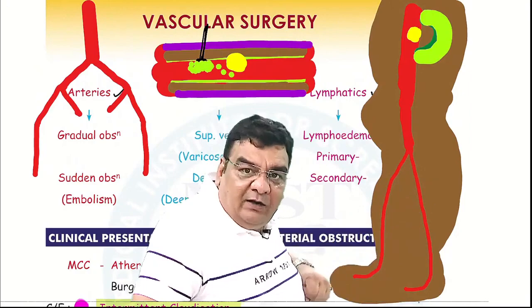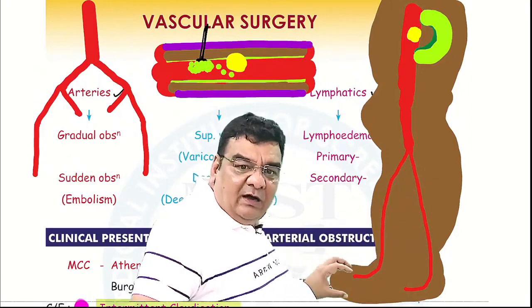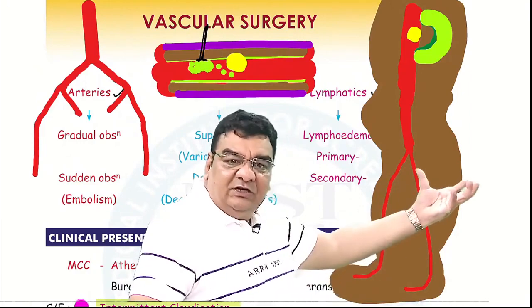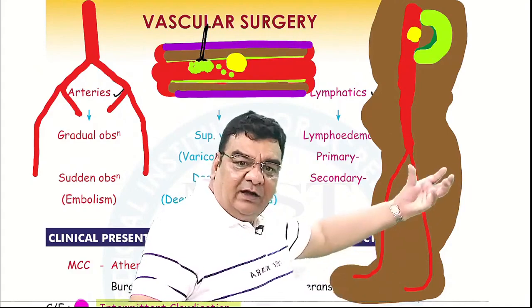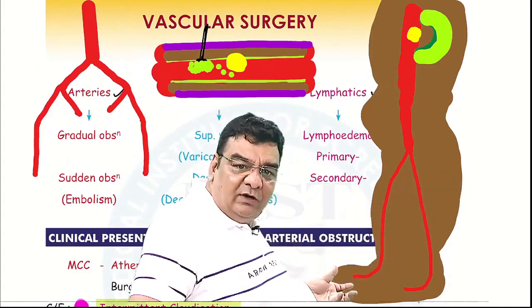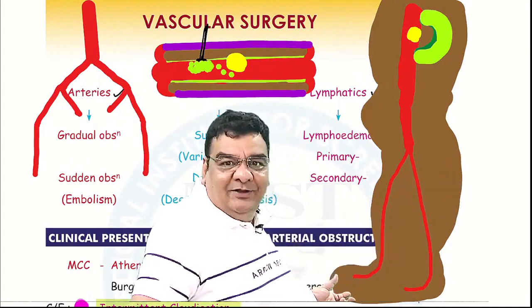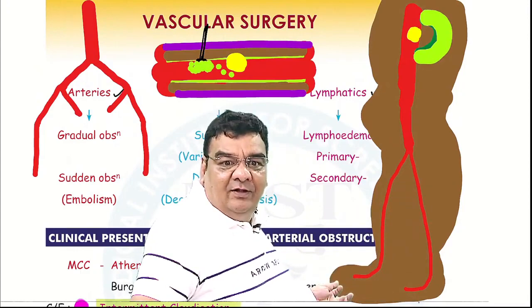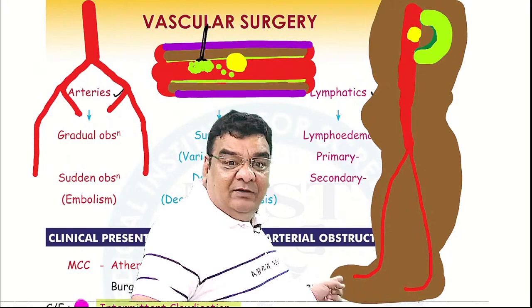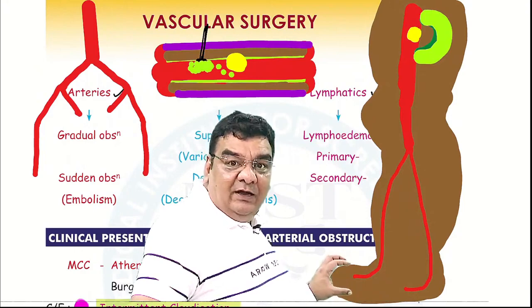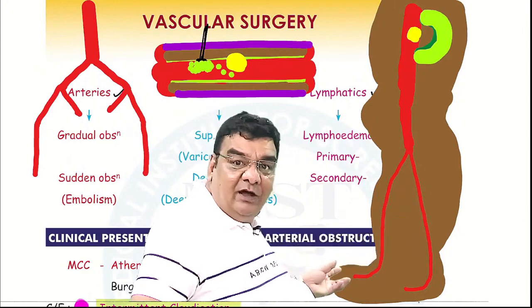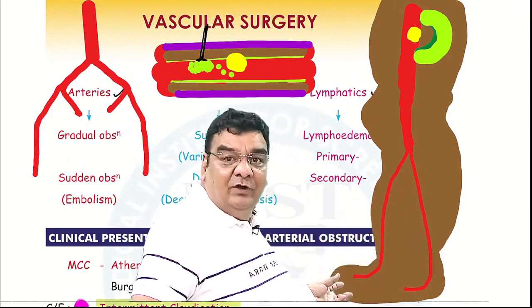So after lumbar sympathectomy, when the arterioles dilate, they steal blood from the calf and the calf blood goes towards the foot. If more blood comes into the foot, then rest pain will be relieved. So lumbar sympathectomy can relieve rest pain because foot arterioles dilate and steal blood from the calf. More blood comes into the foot.